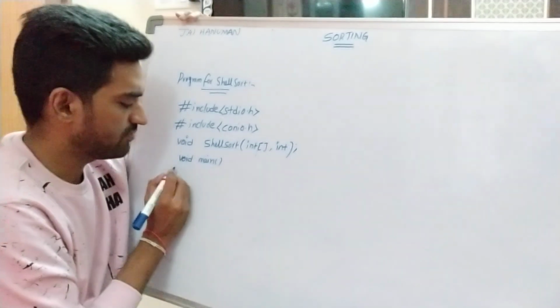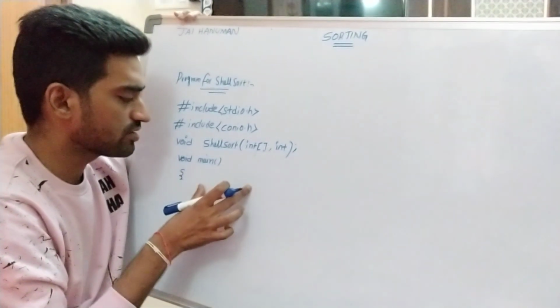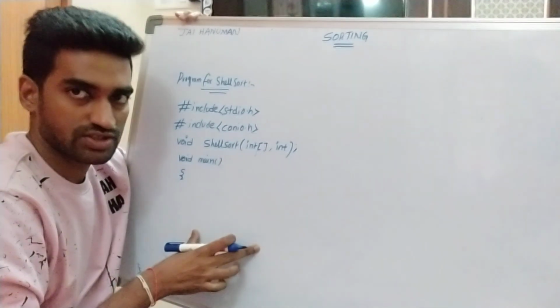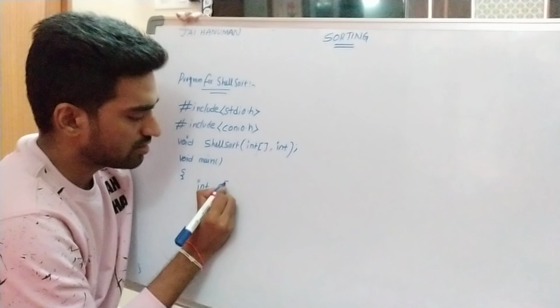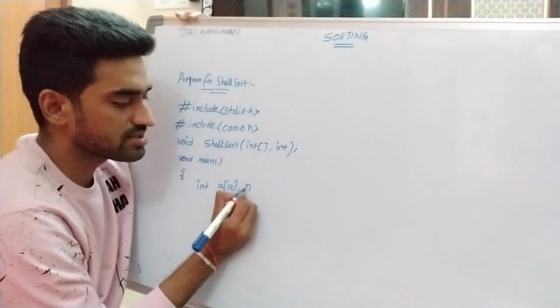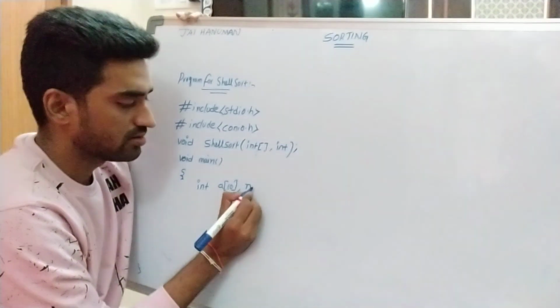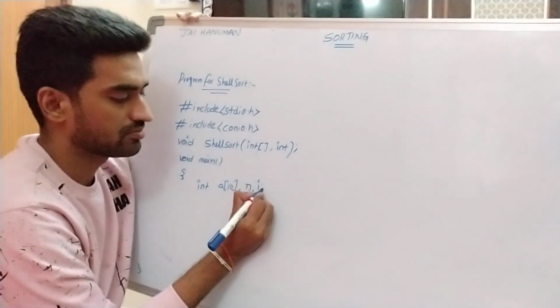After writing the main function, I am declaring the variables that are used in the main function. Here I am using one array, suppose a of 10. The number of elements in the array can be represented with the help of n. For looping purposes, I am taking i.